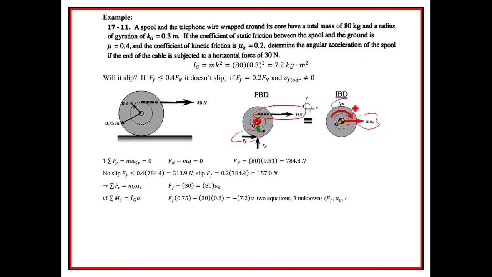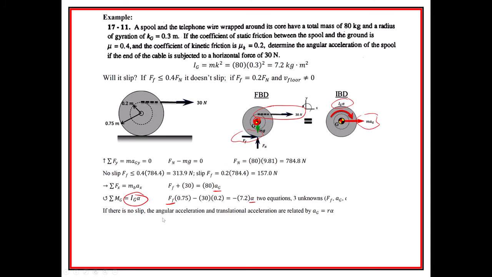So all we see is that I_G alpha. So we have the friction force, alpha, and a_G. Those are the three unknowns, and we have two equations.